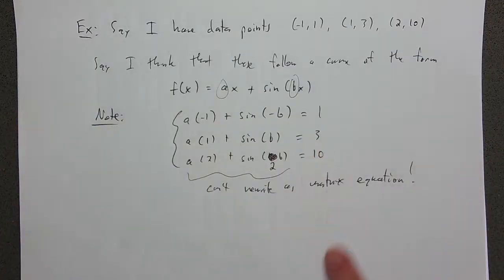Because the unknown parameter b is in the argument for sine, I can't peel it out, right? So that's what I mean here. And so we can't do that sort of thing.